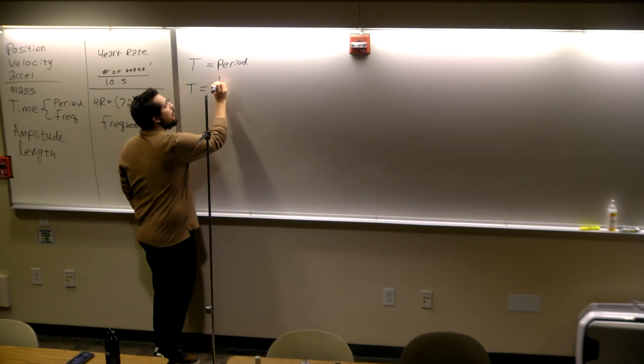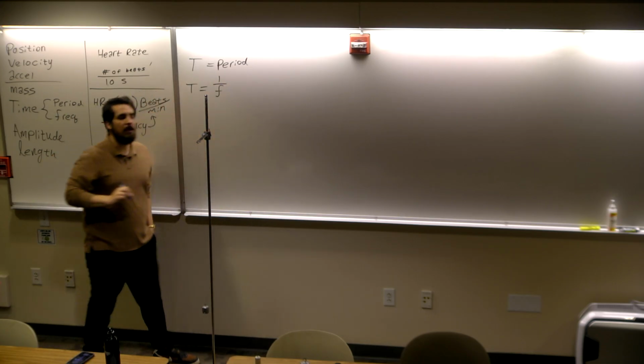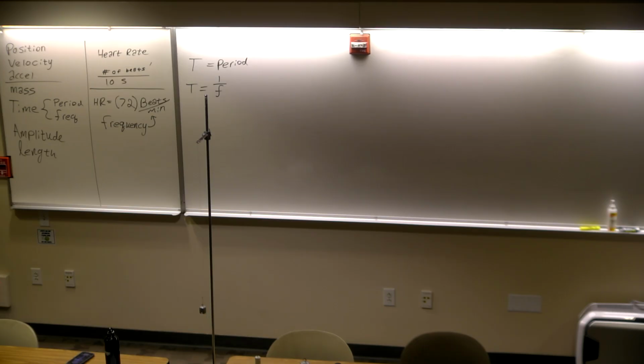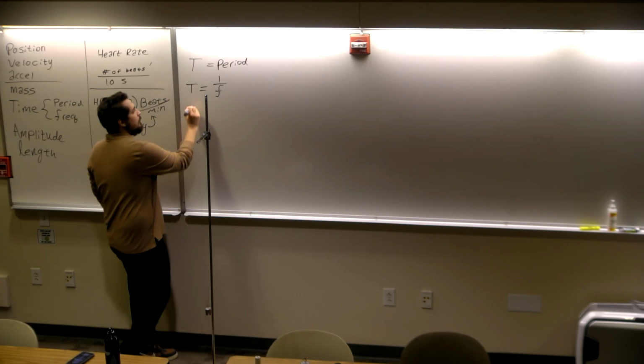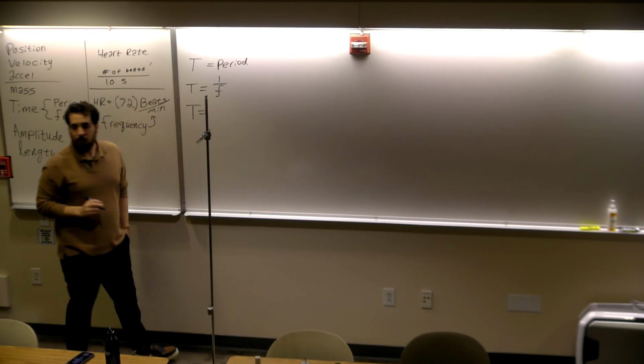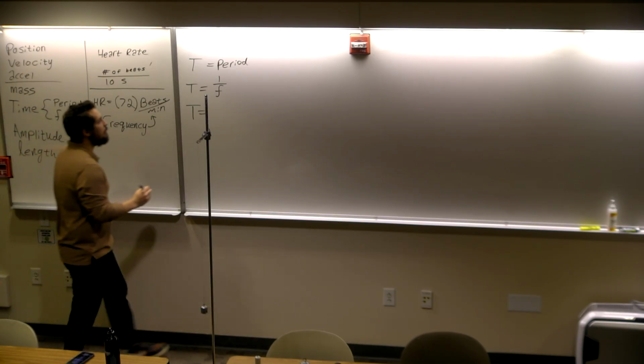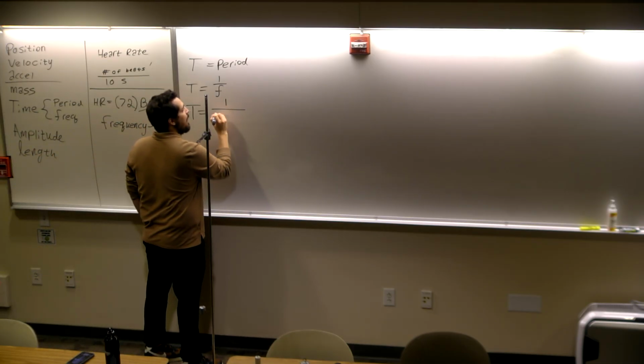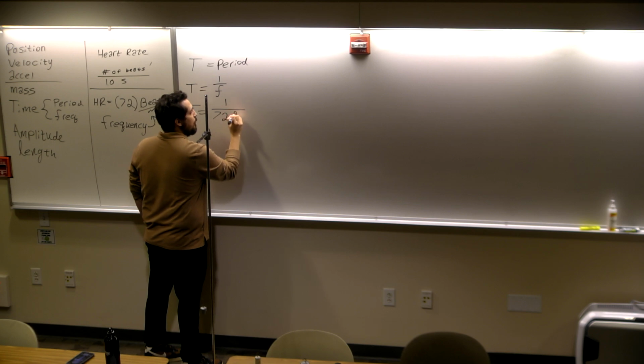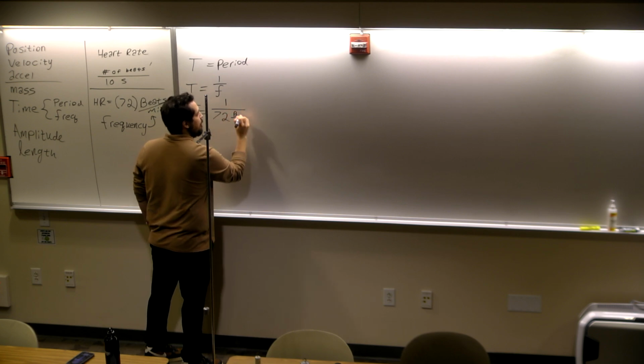And the period happens to be the inverse of the frequency. So for example, if your heart rate is 72 beats per minute, the period would be 1 divided by 72 beats per minute.